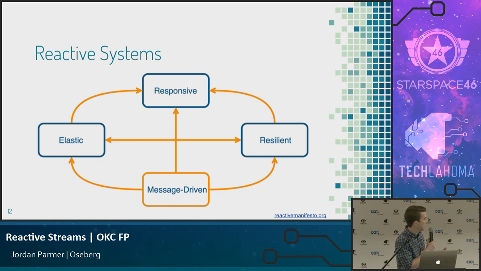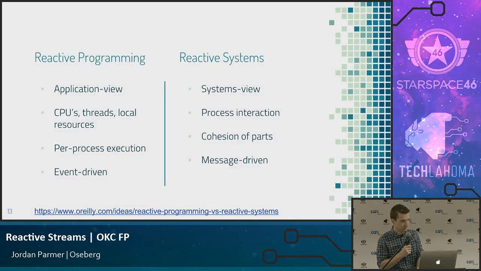Responsive means that we have high availability in our systems, and resilience means that if there's an error or something happens, we still are up, and we can handle that error well. This is reactive systems. We're not really talking about this today, so don't get confused with what this is.